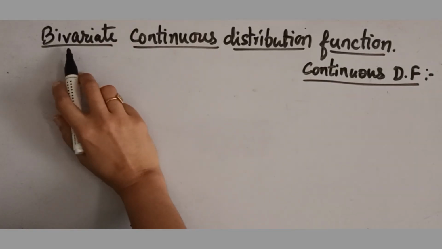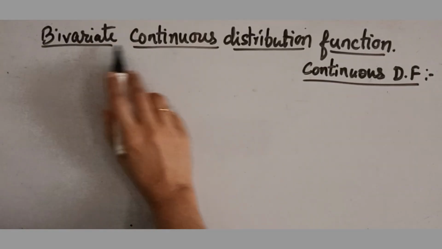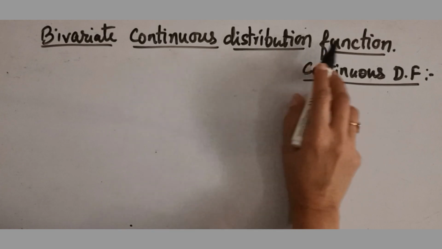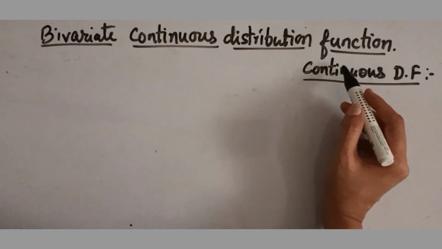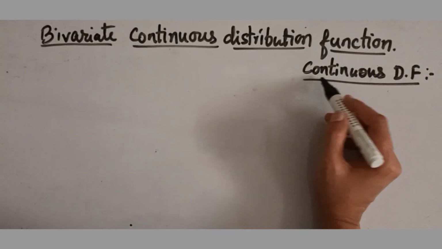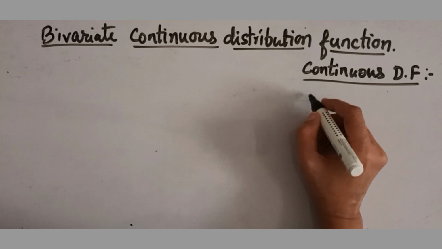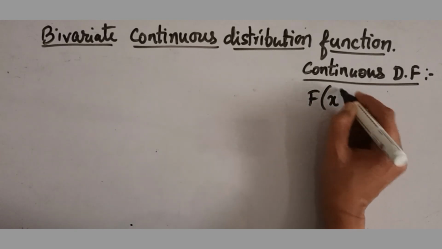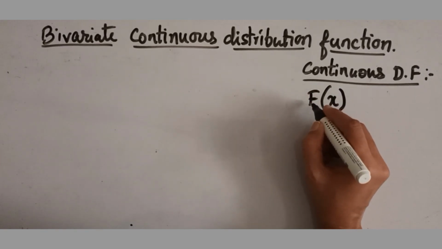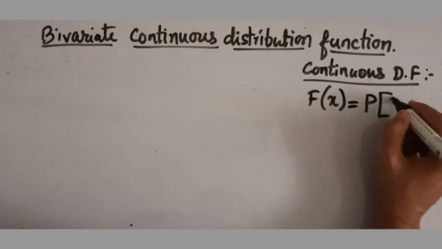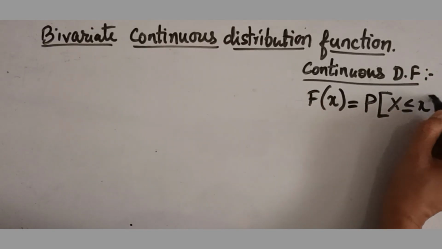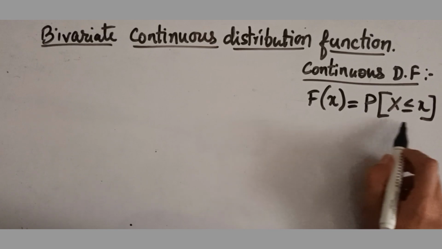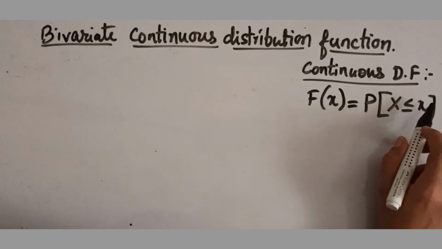Now see what is the bivariate continuous distribution function. In the one-dimensional case, the continuous distribution function is given by capital F of x, which is equal to probability of X less than or equal to x, meaning the sum of all probabilities up to x including x.